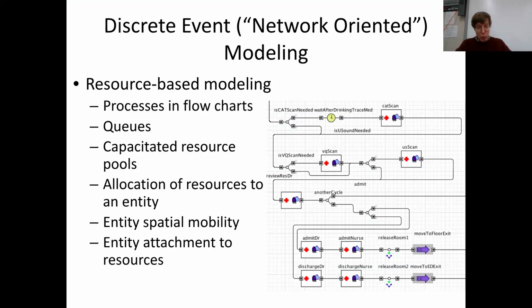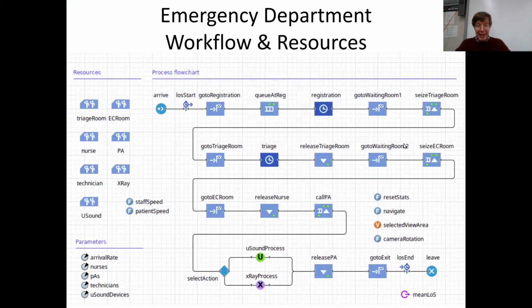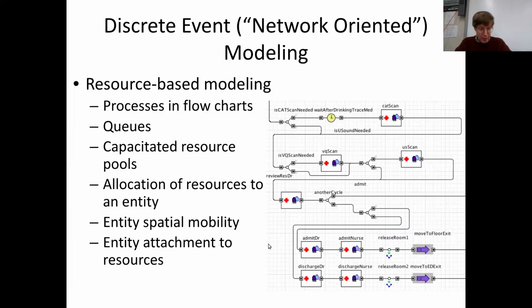So during these workflows, entities are allocated to resources: fixed resources like triage rooms, mobile resources like nurses, or a registrar, here the registrar's time, or portable resources like ultrasound machines that could be brought to the entity.